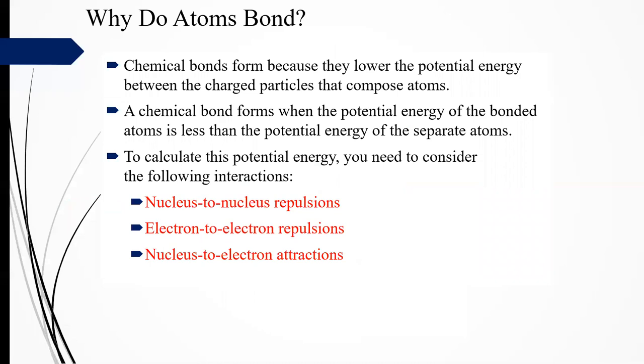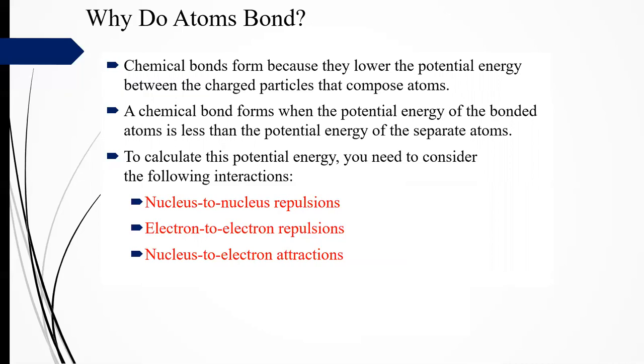In Lewis's theory, the reason why atoms bond is that chemical bonds form when there's a lower potential energy between the charged particles and the atoms that they're making. This chemical bond is better when they're together than when they were apart.